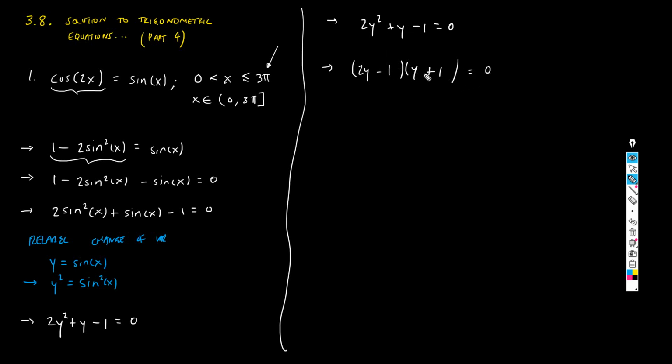Please pause the video and make sure. Okay, so basically we have a product being equal to 0, and that means that either the first factor is equal to 0 or the second factor must be equal to 0. And what this means in return is that 2y equals 1, and then y equals 1/2, right? Or y equals minus 1.